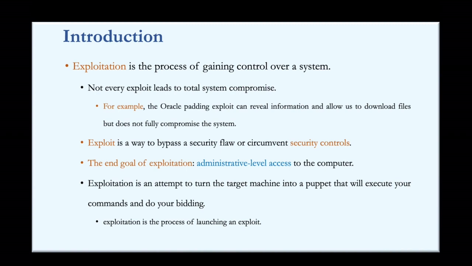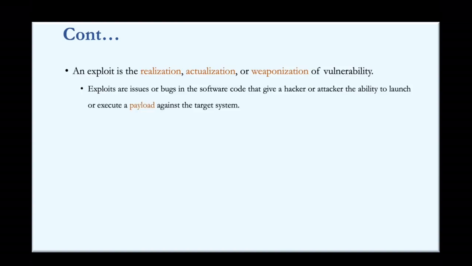Exploits are bugs in the software code that give an attacker the ability to launch or execute a payload against the target system. A payload is a way to turn the target machine into a puppet and force it to do our will.